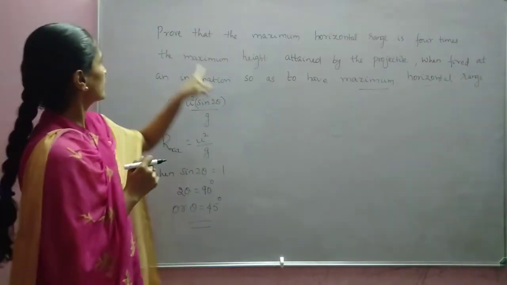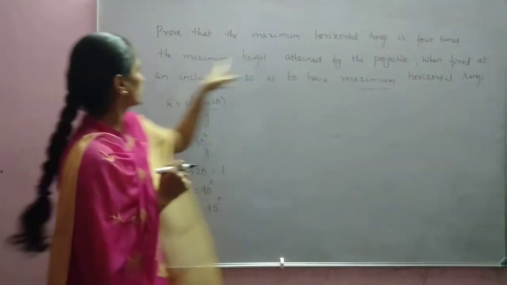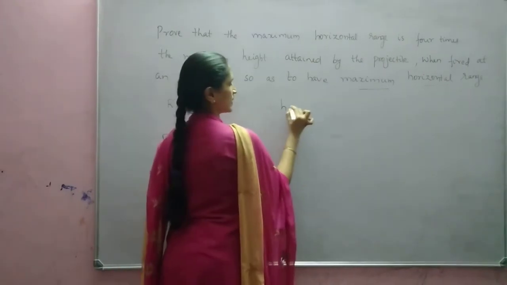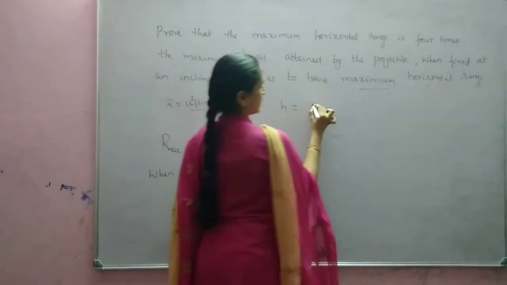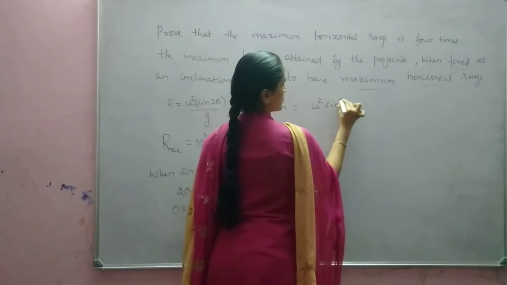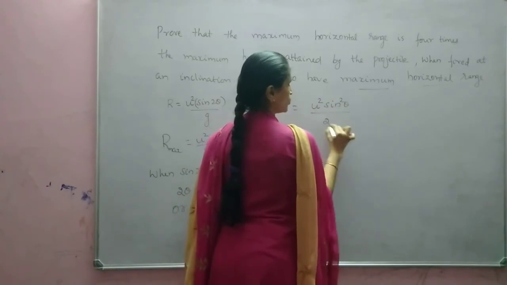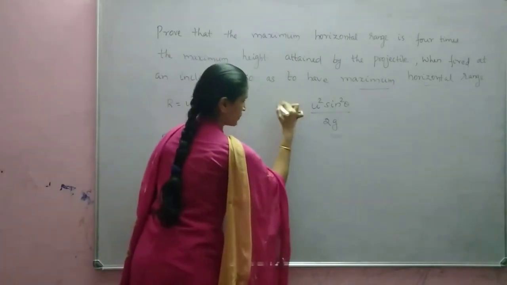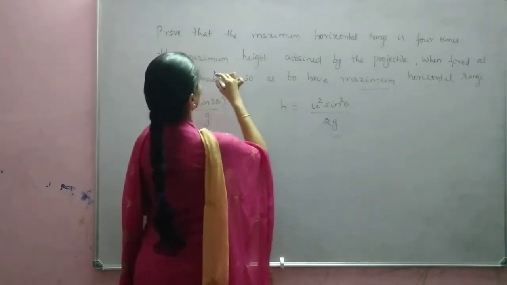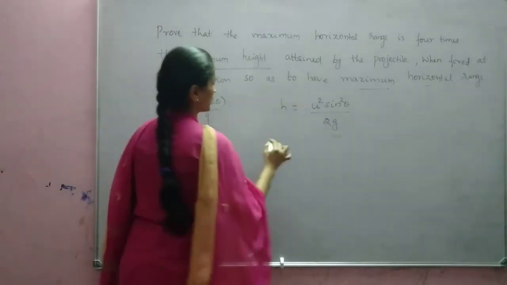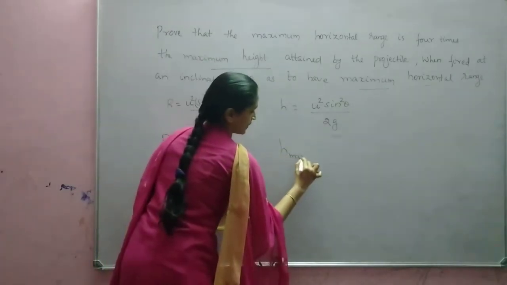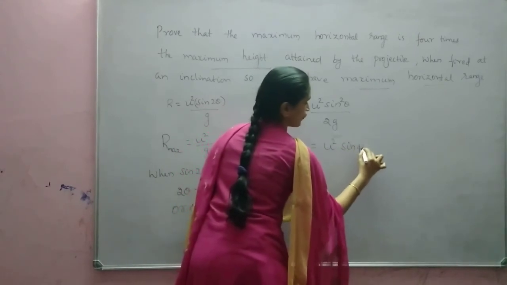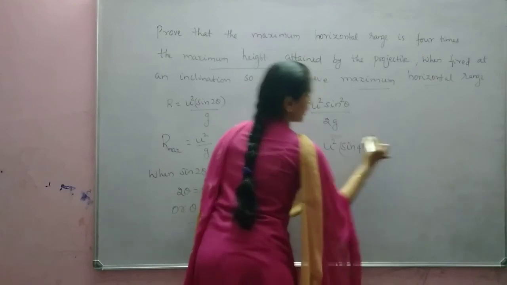We have to show that maximum horizontal range is 4 times the maximum height. So first of all we can write the expression for height. Height is given by u square sine square theta by 2g. Maximum height, we can write h max, is equal to u square sine 45 degree the whole square divided by 2g. Why are we taking 45 degree?